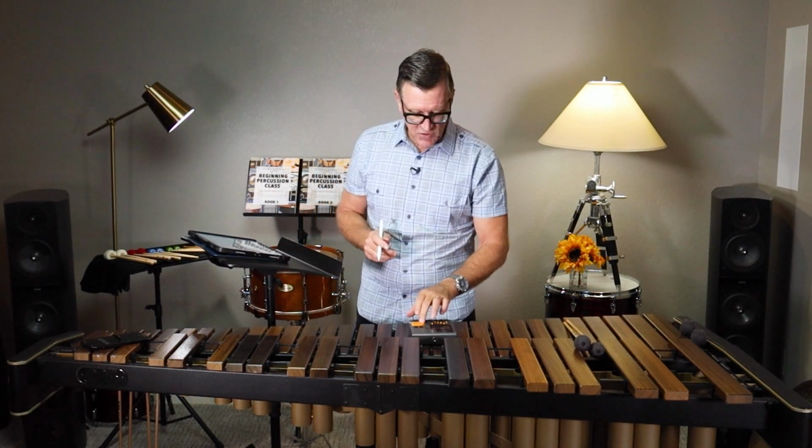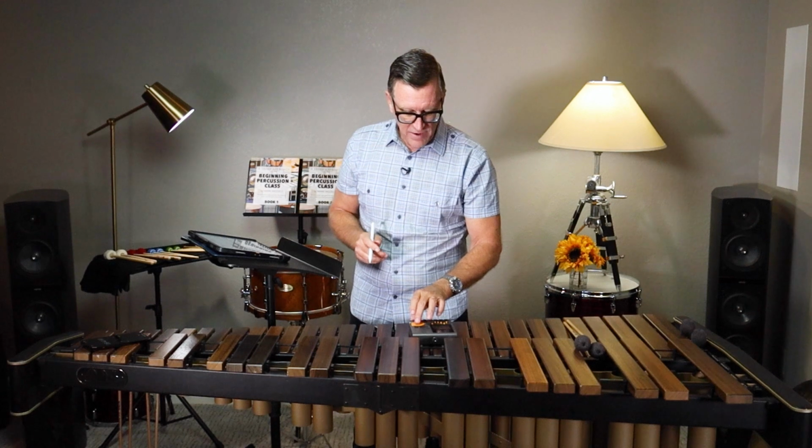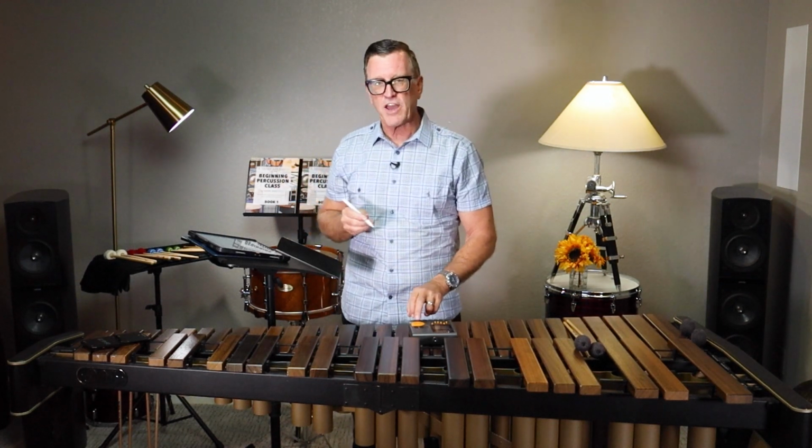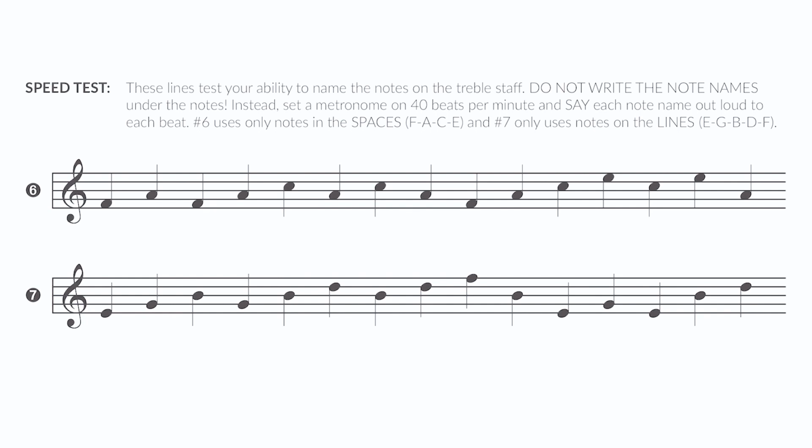All right, let's move it up to 60 and see how well you do. Same thing, touch the note on the first beat, say the note name on the second beat. 1, 2, ready, go.